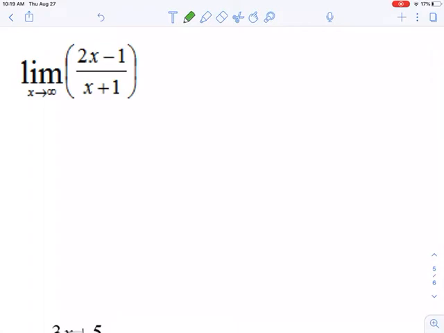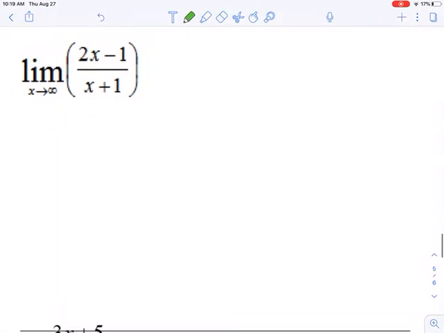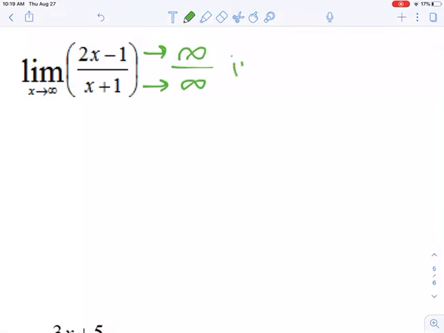Okay, now we're going to get into the fun stuff here. Go ahead and write this example down. All right, if we were to use direct substitution, our numerator goes to infinity and our denominator goes to infinity.